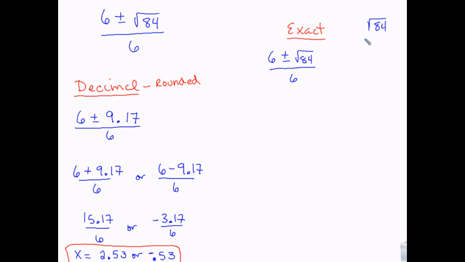Remember doing that? Make a factor tree. We have a pair of 2's that can come out. And that 21, the 3 and the 7 have to stay inside.